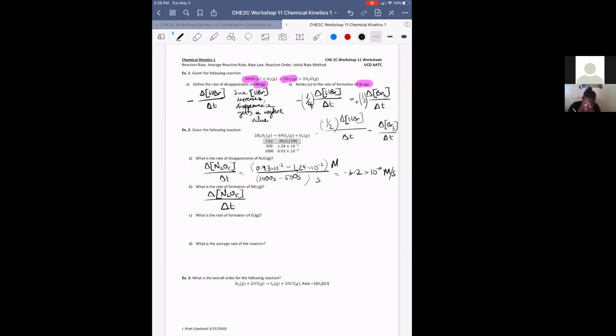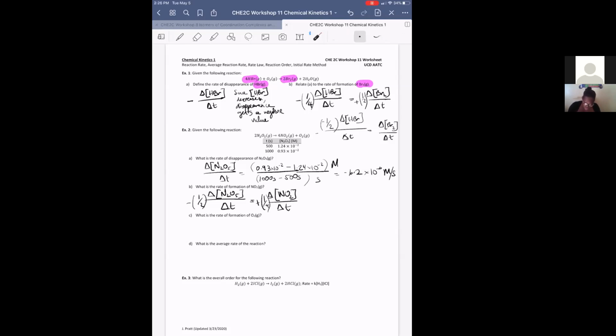We can see from our balanced chemical equation that for every 2 equivalents of N2O5, we have 4 equivalents of NO2. So we'll use the ratio of a half here, and it should be negative because that's disappearing. That will be equal to the change in concentration of NO2 over the change in time. And since we're creating NO2, this will have a positive value, and the ratio there will be 1 over 4.